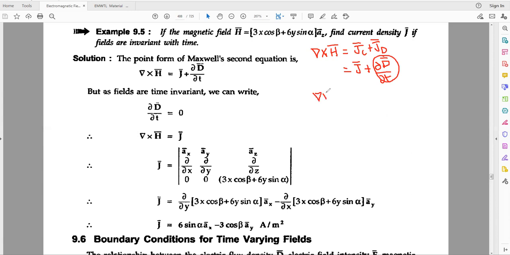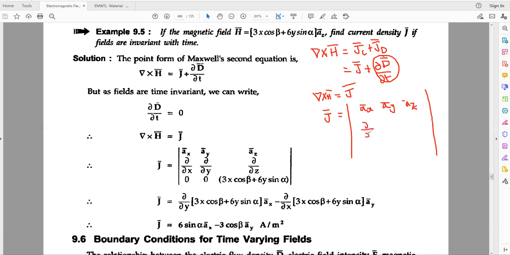So del cross H bar is equal to J bar. That J bar is the conduction current density only. And they're asking the current density J bar only. The del cross H bar you have to find out. Therefore, the J bar is equal to del cross H bar. Del, in the Cartesian coordinate system, AX bar, AY bar, and AZ bar.